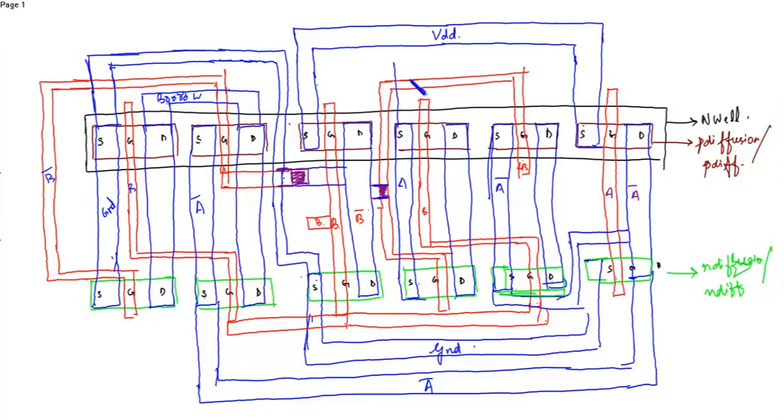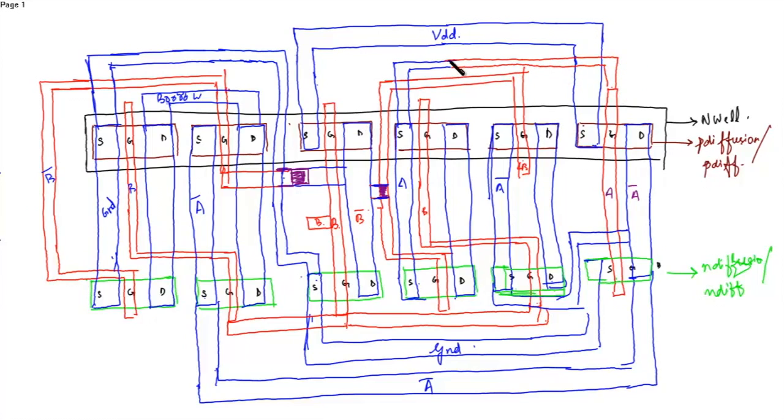This is A. This is a metal layer from here. This is A. Okay.